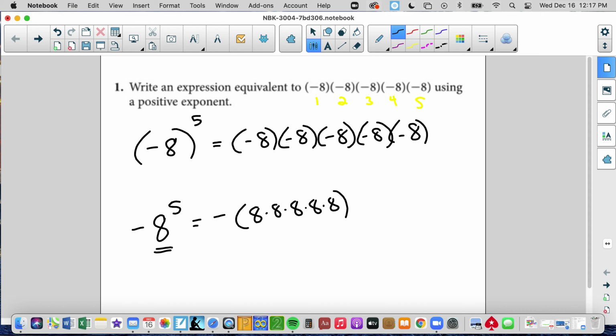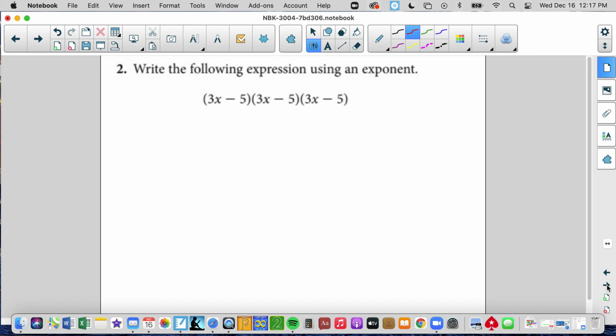And then we take the opposite of 8 to the 5th because we're going to do exponents before multiplication. This negative is seen as multiplying the 8. So the correct answer for this problem is going to be the quantity of -8 to the 5th. So be careful, that one is the wrong answer that students typically write.